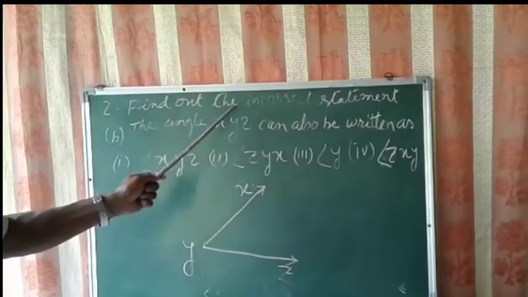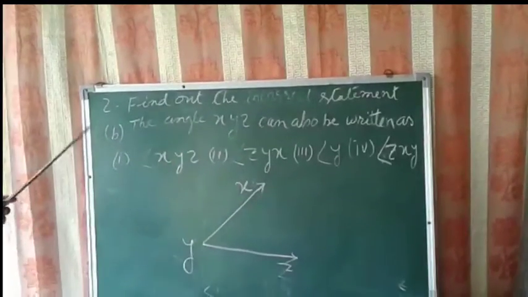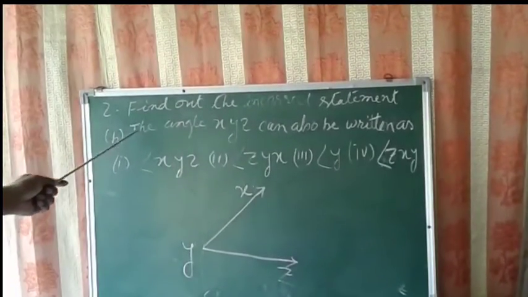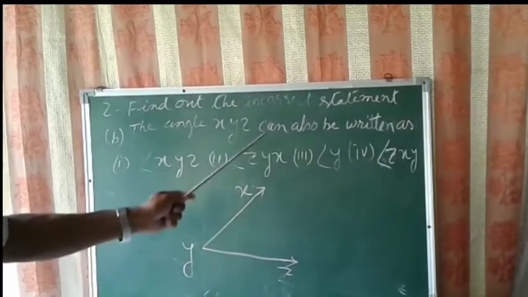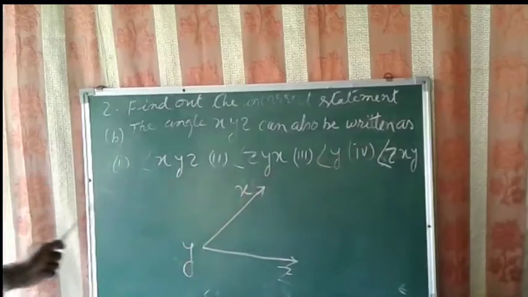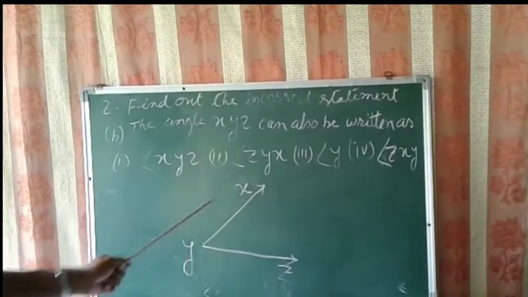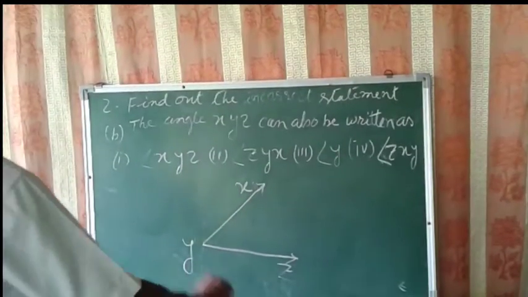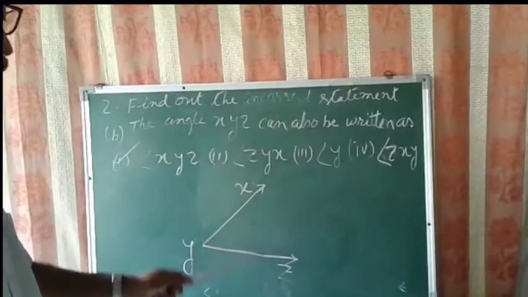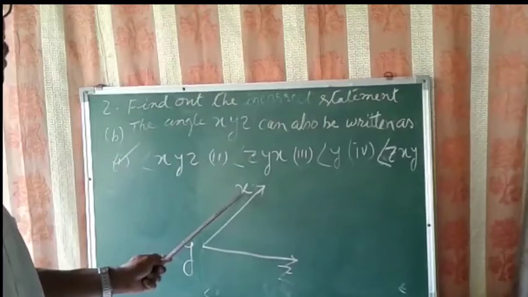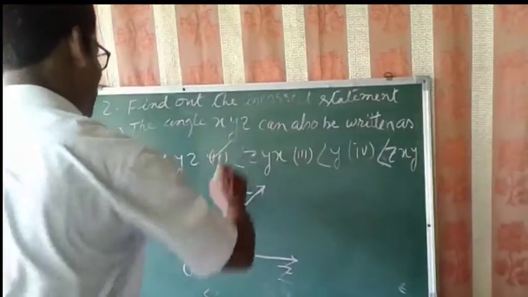Find out the incorrect statement, sub question B. The angle XYZ can also be written as number 1, XYZ. Yes, this is correct. ZYX is also correct.